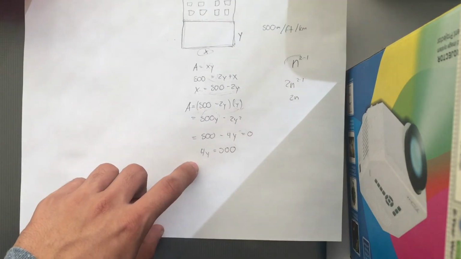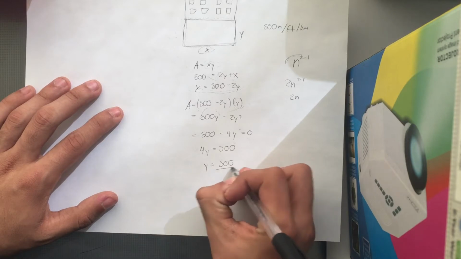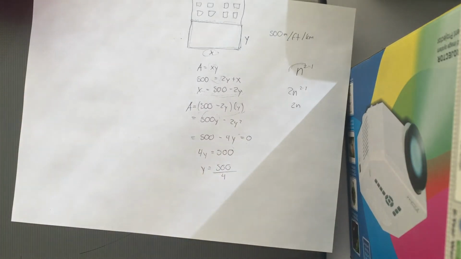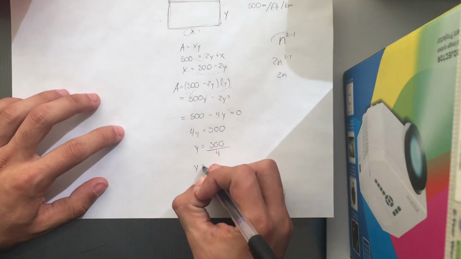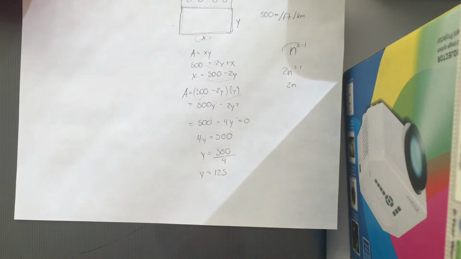Then the 4 is multiplying the y, so it goes dividing. y equals 500 over 4. Okay, 500 over 4 is 125.